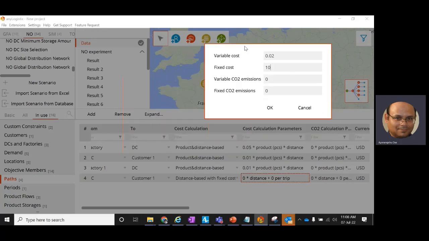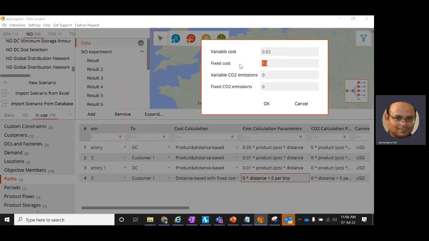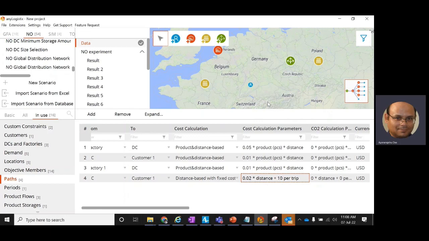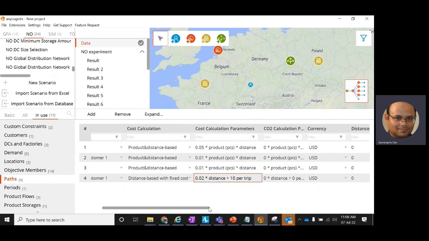So what that means is that for an FTL volume, FTL shipment, the fixed cost, no matter how long you are shipping it, is 10 USD, and then for each additional kilometer traveled, it is 0.02 cents. So that's how this fixed cost and distance is declared.